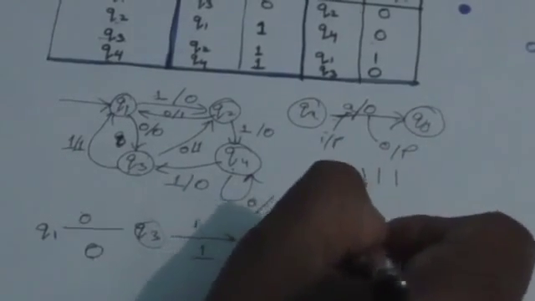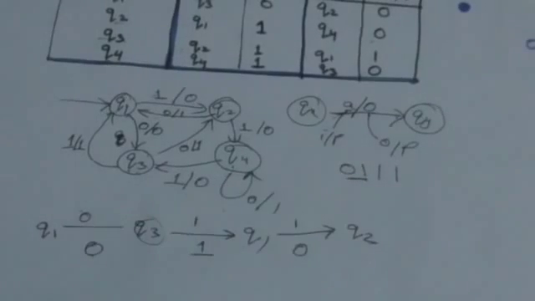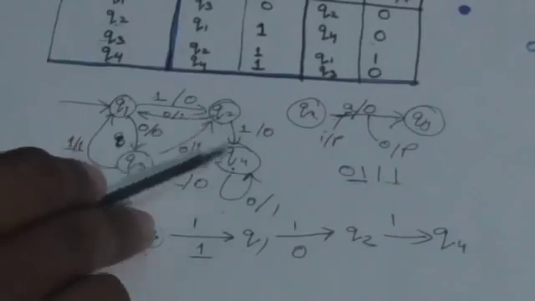Now the present state is Q1 and when it reads 1, it jumps to Q2 and output is 0. Now again it has to read 1. From Q2, when it reads 1, it jumps to Q4 and output is 0.